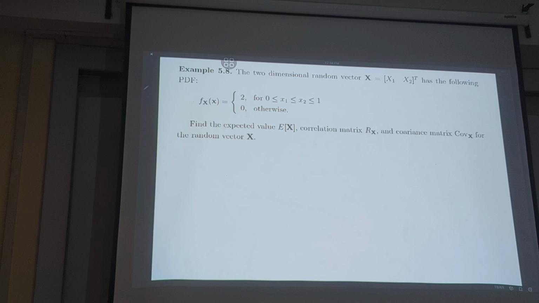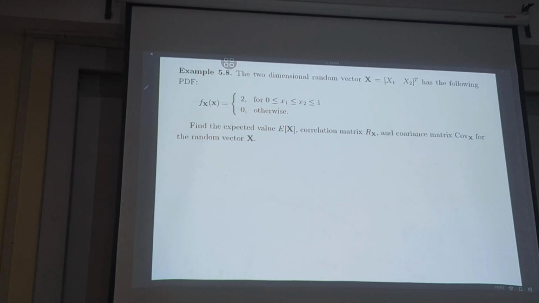This is a very good example. Do we know this or not? Here x is, this quantity actually is the joint PDF of x.